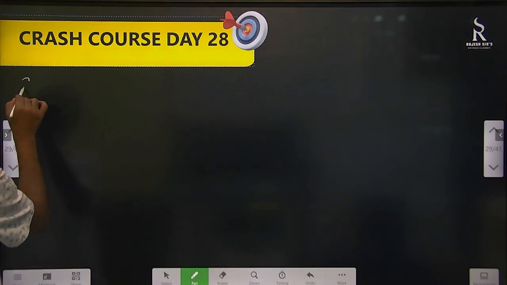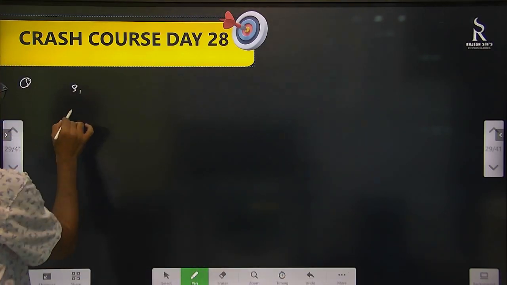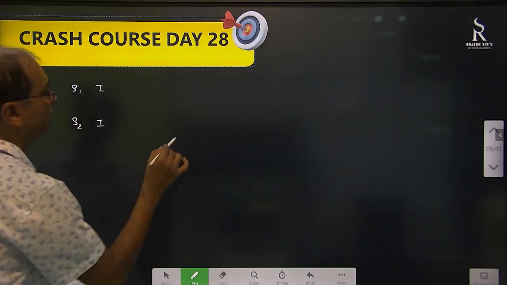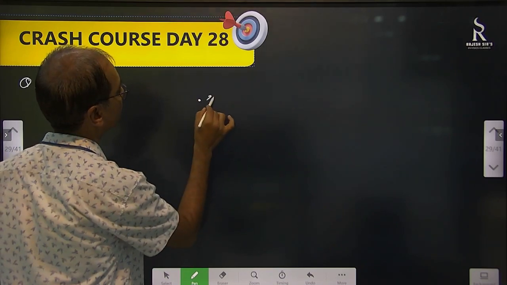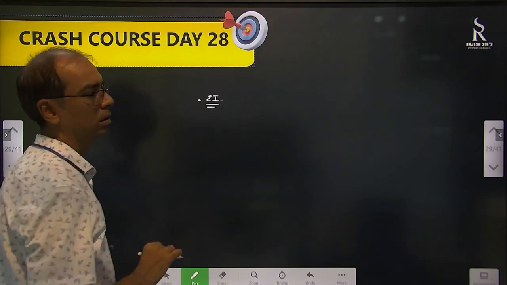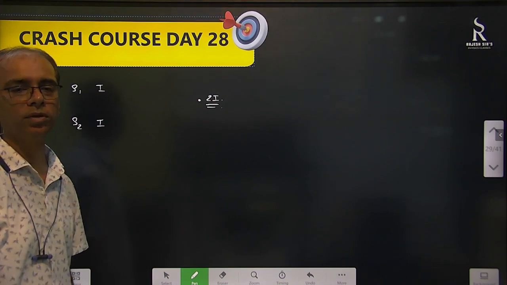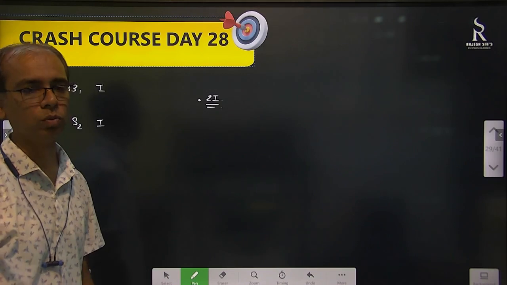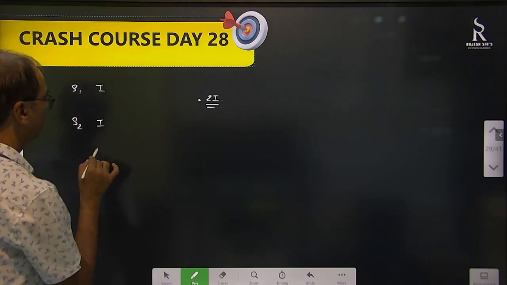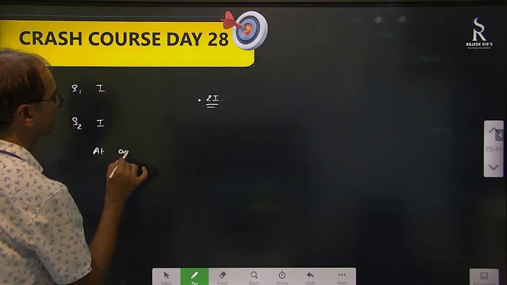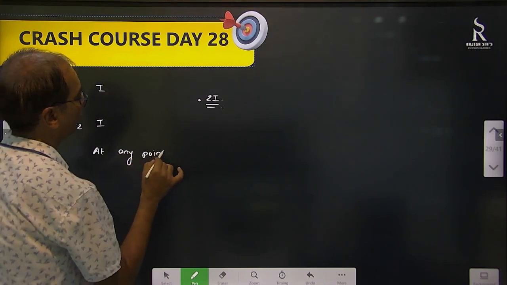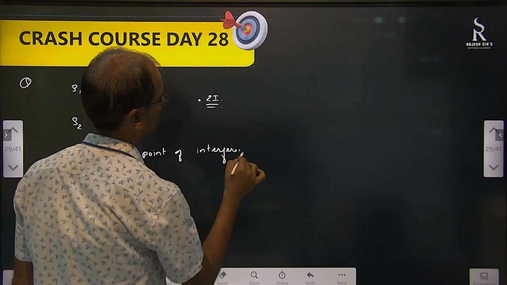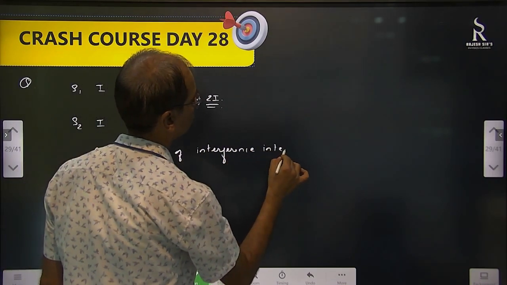So what question is there? We have two sources S1 and S2. Intensity of both is I and I. At any point of interference, intensity obtained is 2I.